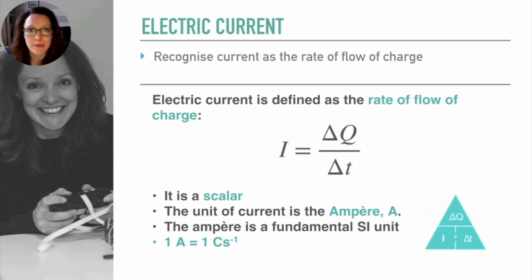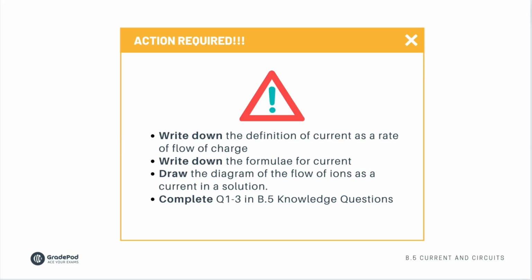So you could say that one amp is equivalent to one coulomb per second. Great, now we have a concept of current in our head. Let's write down the definition of current as a rate of flow of charge. Let's write down the formula for current as I equals the change in Q over the change in t.